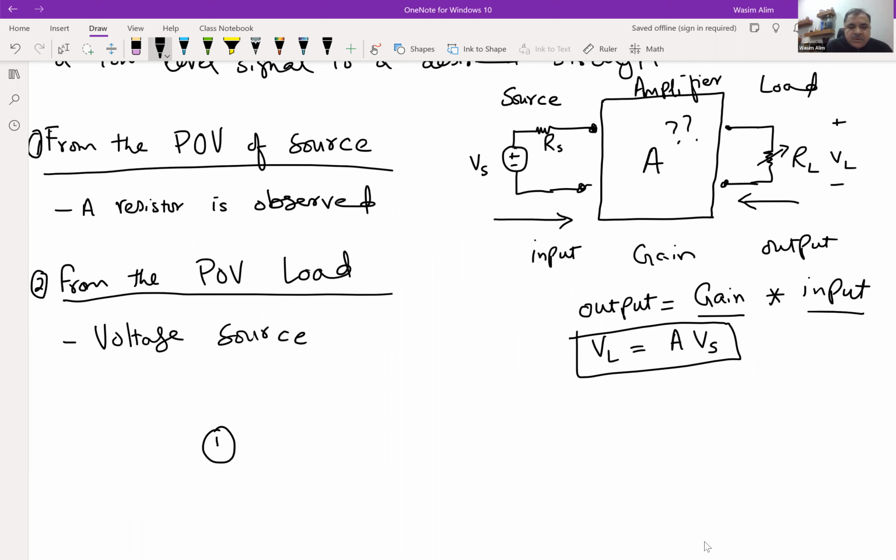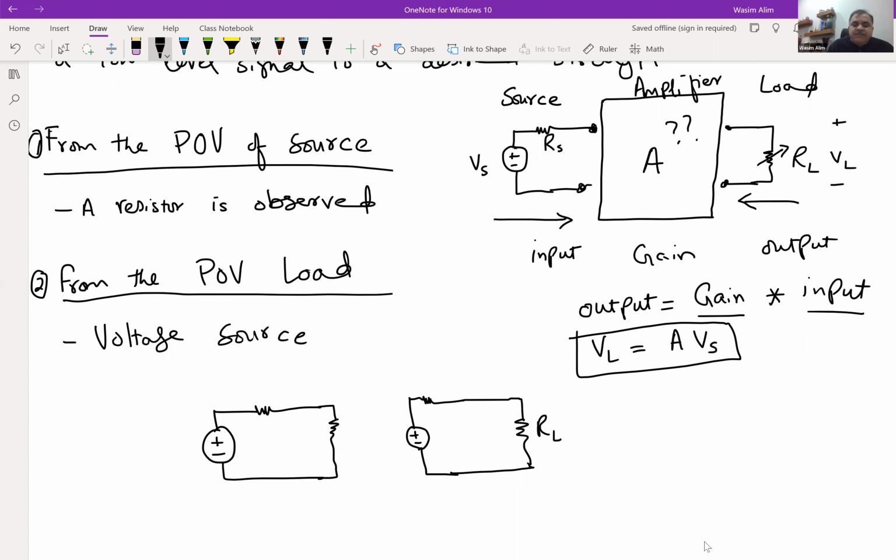Okay, so this is your source, and the source is really observing a resistor, okay? And from the load side, we said that it is observing a voltage source. So what does the voltage source include? The voltage source includes a resistor, and it includes some voltage, some ideal source, right?